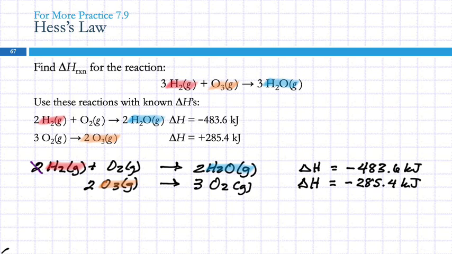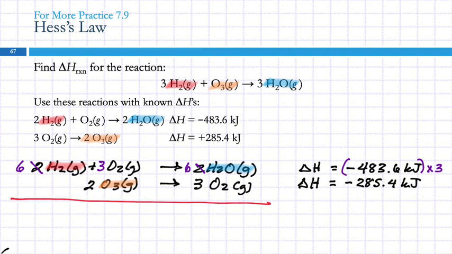So I'm going to multiply by 3, so that's going to give me 6, and 3, and 6. And then I multiply this by 3. So these guys are going to cancel out. So now, as I add these together, 3 oxygens and 3 oxygens, poof, those go away.